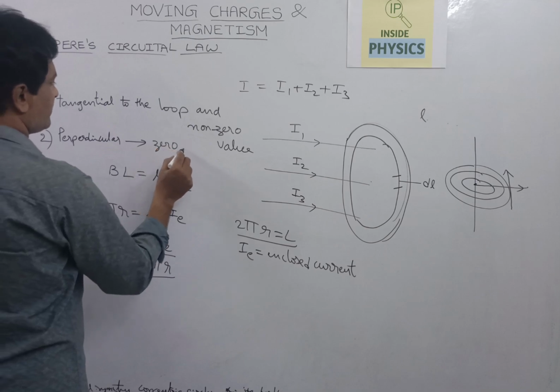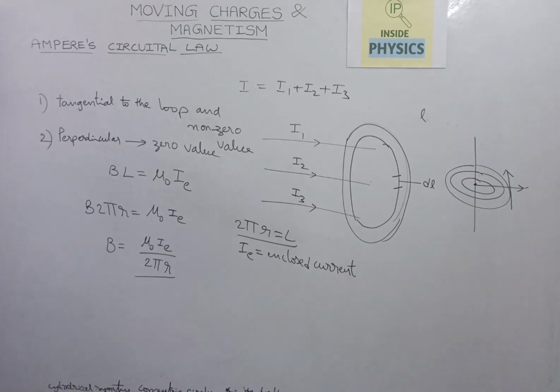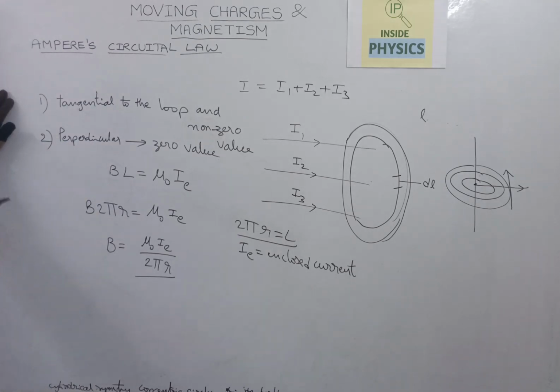That means the magnetic field vanishes. So these conclusions we can draw from this boundary method, where it is easy to calculate in so many processes.